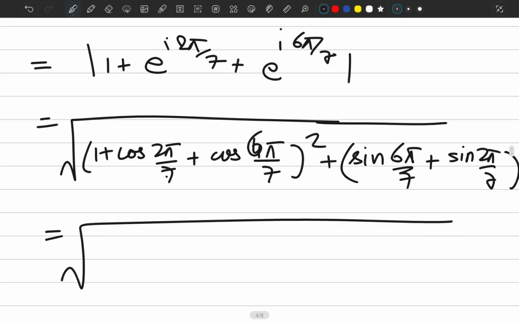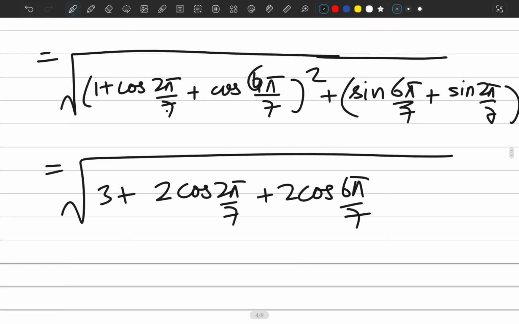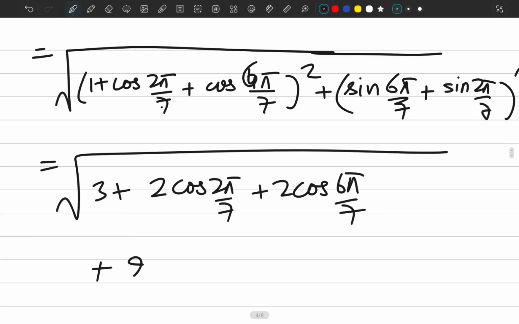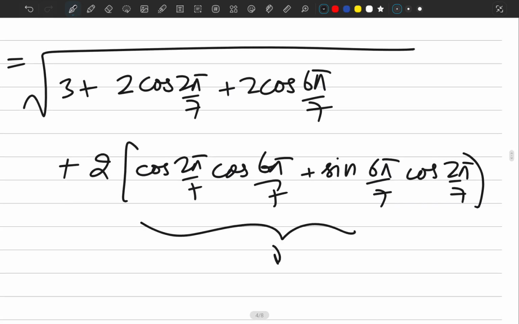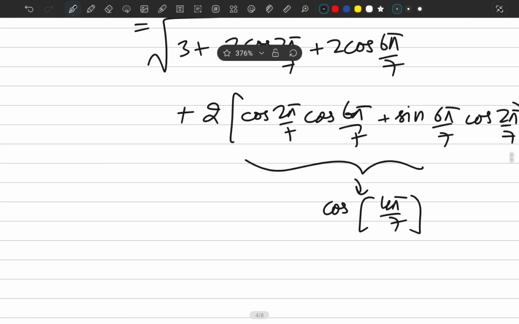On further simplifying, we'll get 3 plus 2 cos 2 pi by 7 cos 6 pi by 7 plus sine 6 pi by 7 sine 2 pi by 7. This is the formula for cos a minus b, and it will be cos 4 pi by 7.